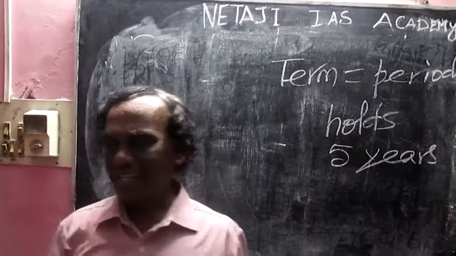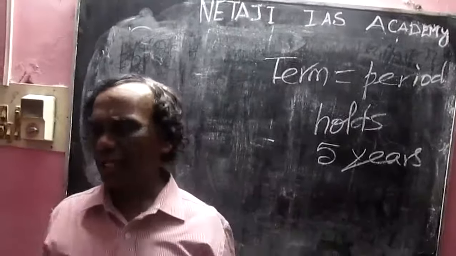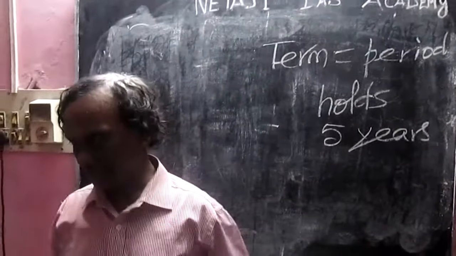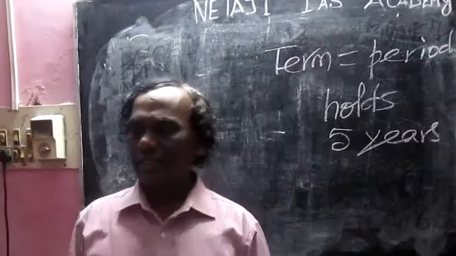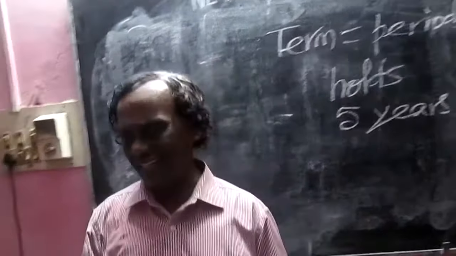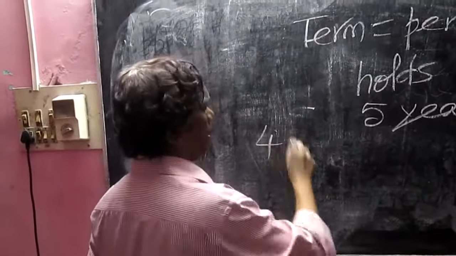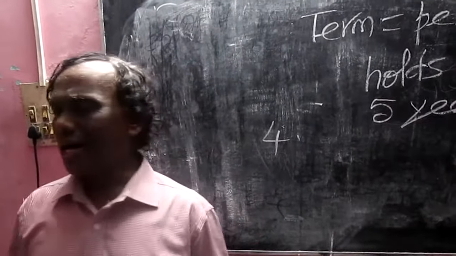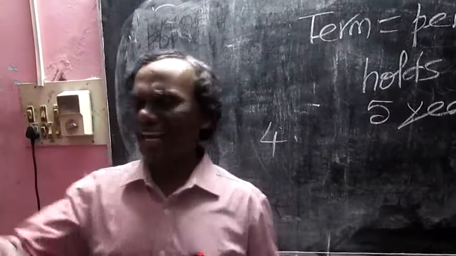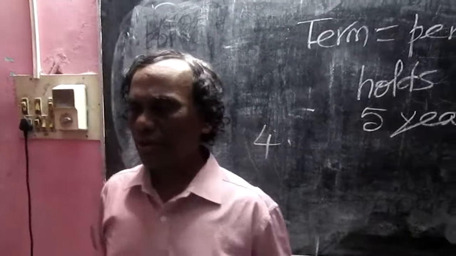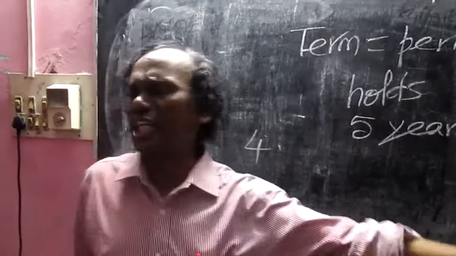He can be re-elected any number of times. The American President holds office for 4 years. And he cannot be re-elected for more than 2 terms consecutively.